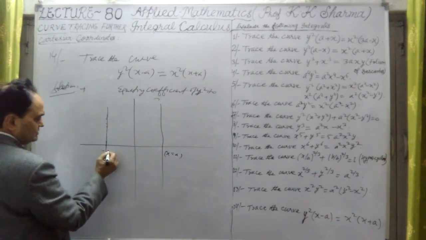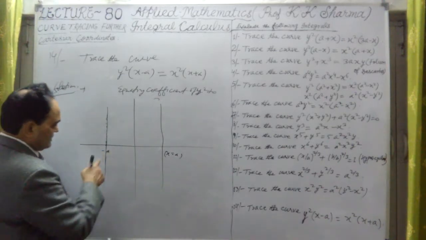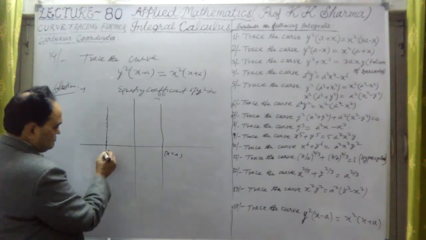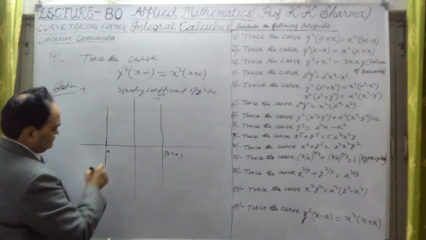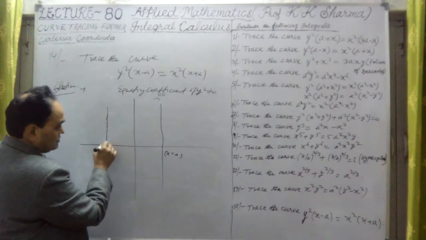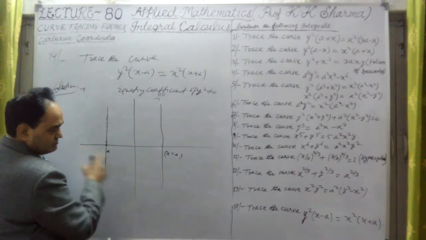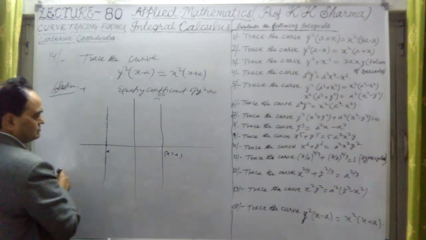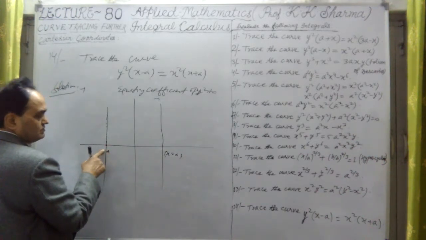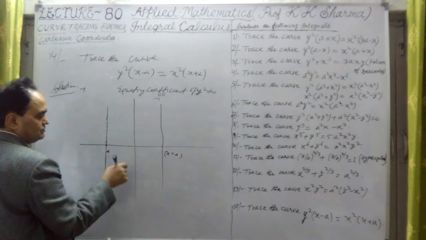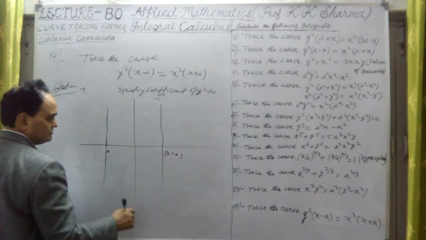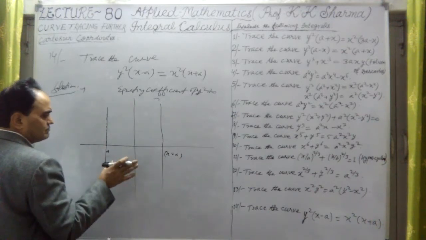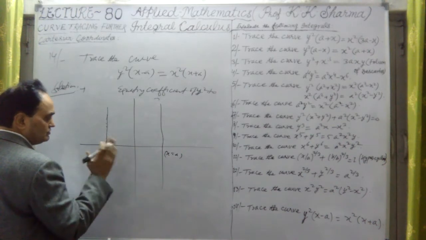Okay, so when x decreases, the y will be negative value. So the curve, then y will be minus value is x square minus a in this case. That will be a greater value because minus a whole square is a positive value.